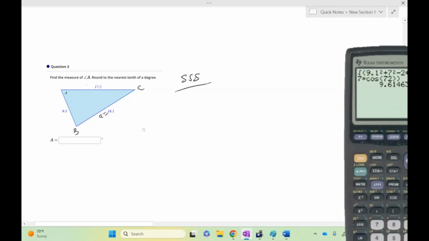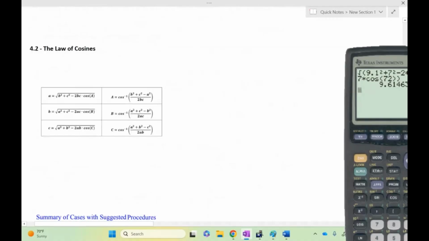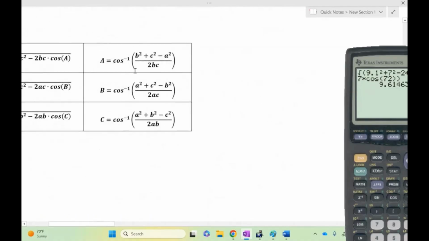So now side B is going to be 17.2. And then the side opposite angle C is side C. So I want to find angle A. If we look back at our formulas, this is the formula to find angle A. It's the arc cosine of B squared plus C squared minus A squared divided by 2BC.